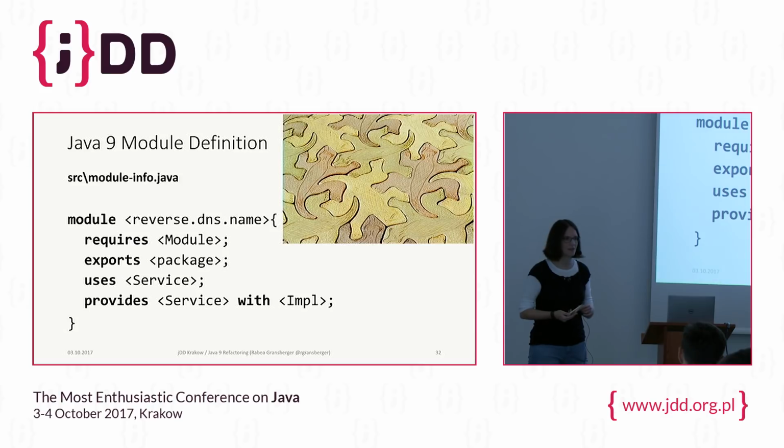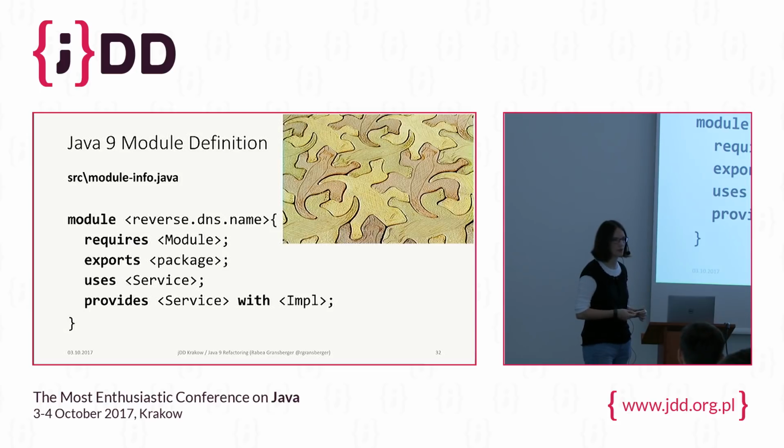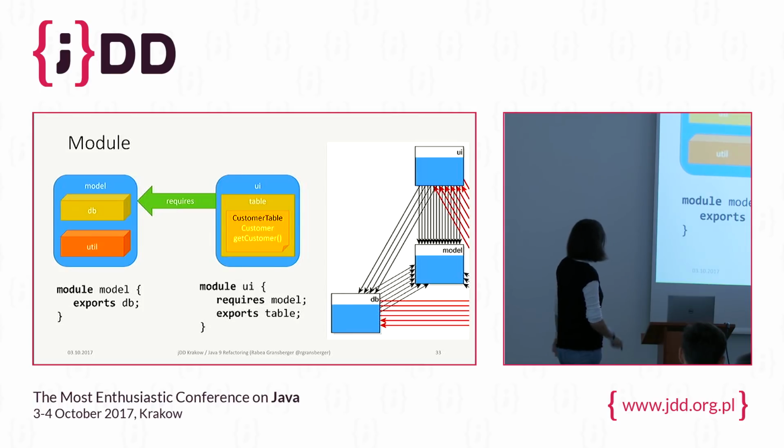So you can still use module as a variable name in your own code, because those are only keywords in the module-info.java. They are not real global keywords like, for example, import. You can also put annotations on modules and have imports in there and all this fancy stuff, but this is more advanced. So a module from the inside looks like that.